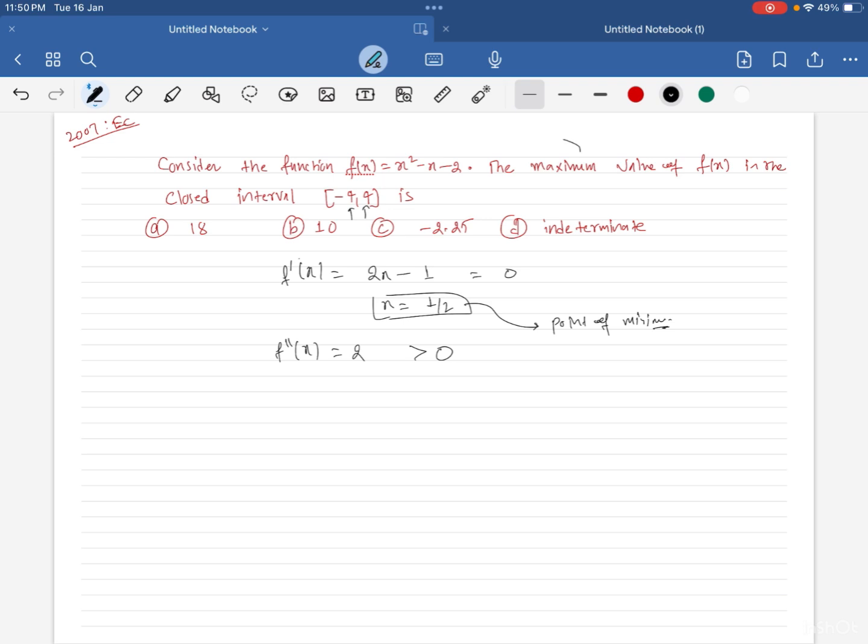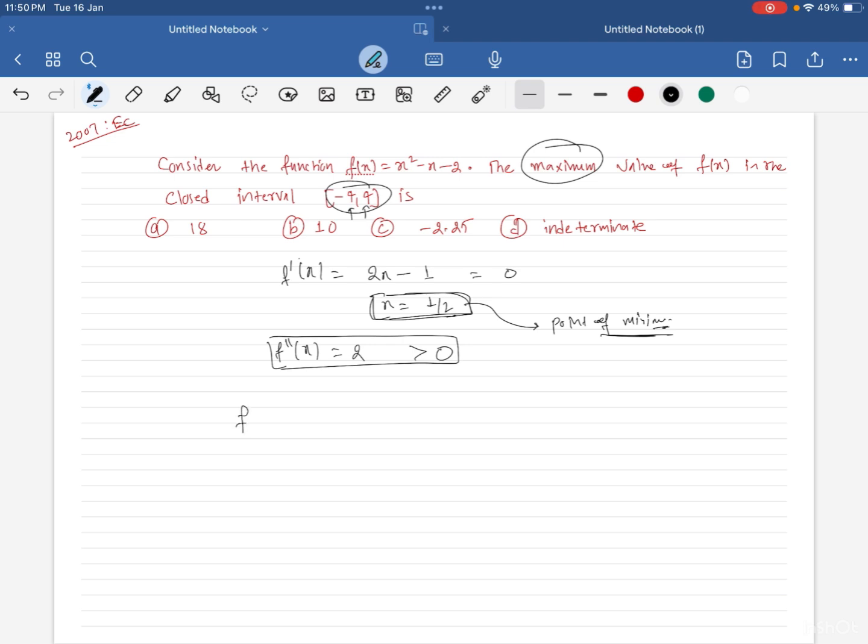So what we have to find is the maximum value. So this cannot be, so we are also going to check at the boundaries, right? So let's find out. So that means maximum value we are going to get at the boundaries, right? Because this point, if we saw that double derivative is greater than 0, so this point is the point of minima.